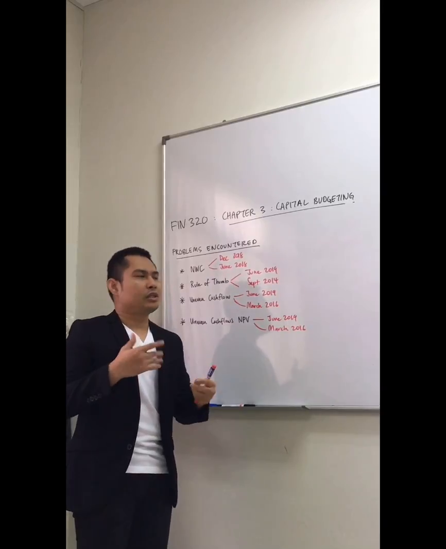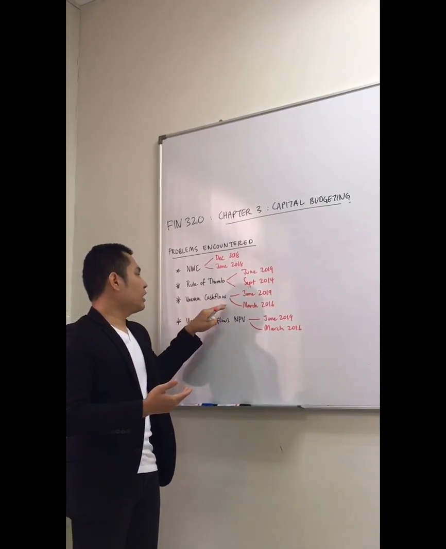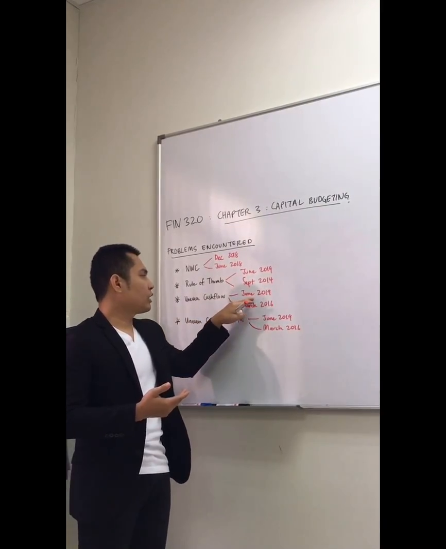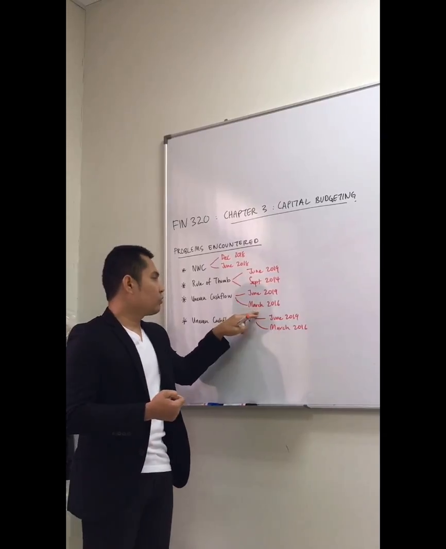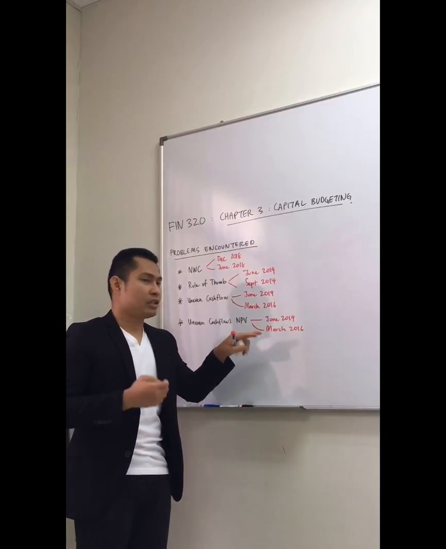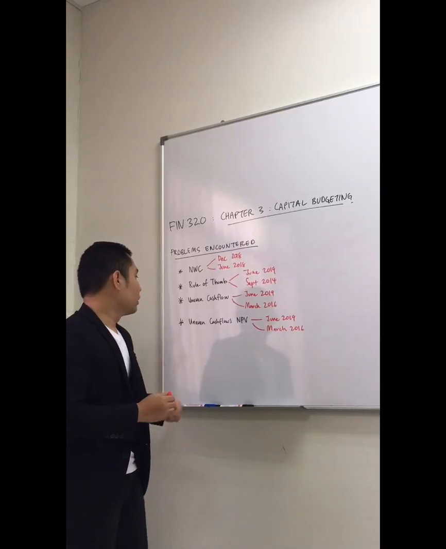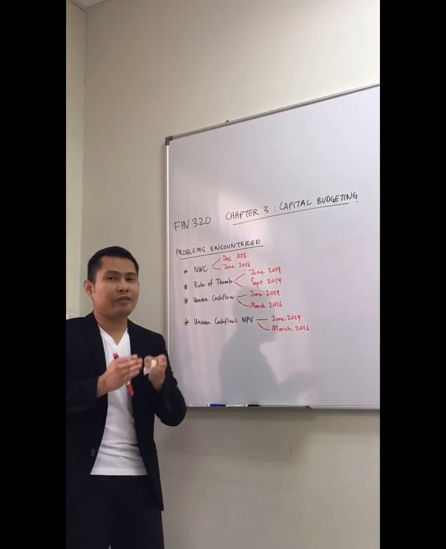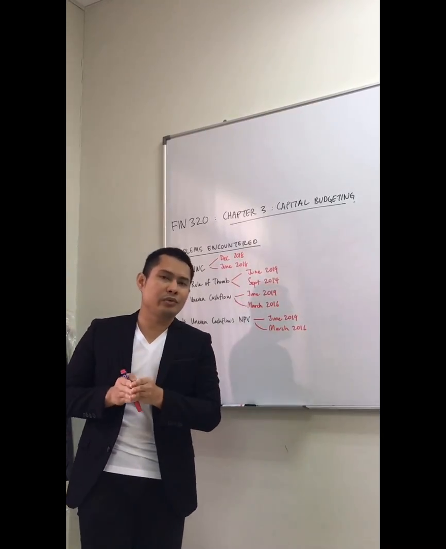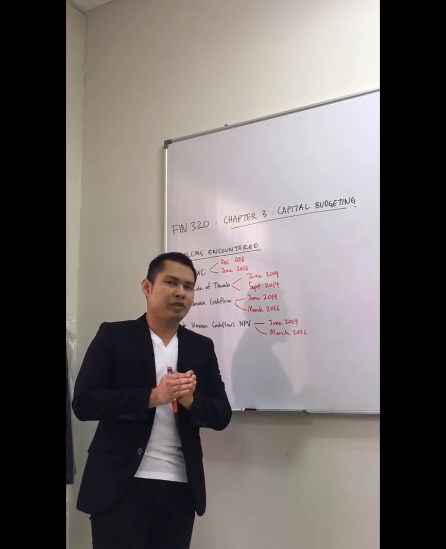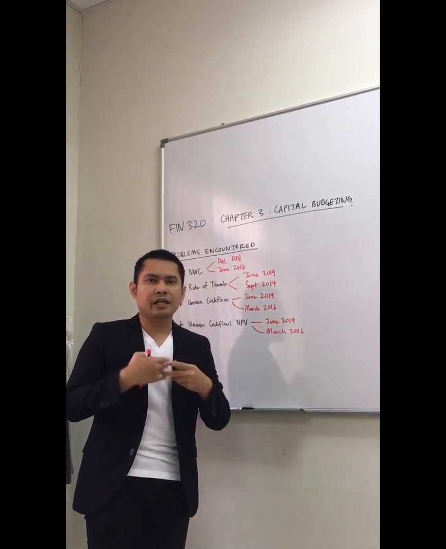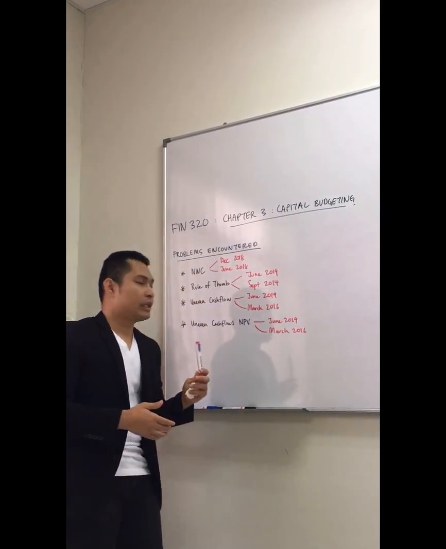You will see this based on the examples of June 2019 and March 2016, where the question has uneven cash flow. And after you have uneven cash flow, then definitely you will have uneven NPV. So how to calculate an uneven NPV, I will also cover that today.